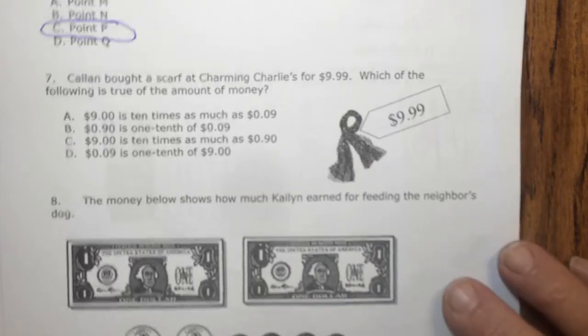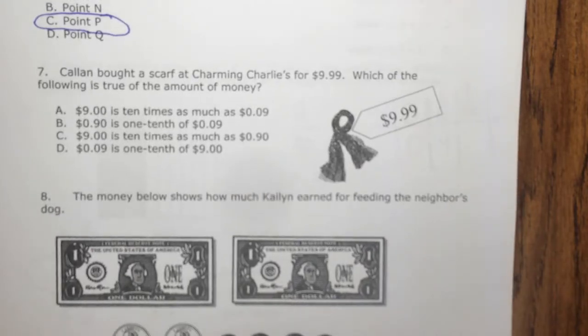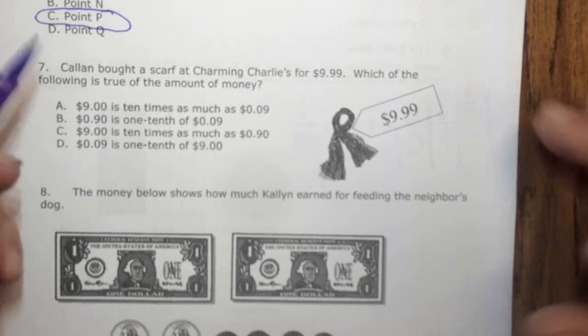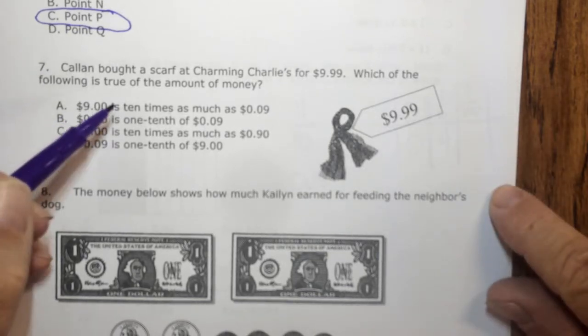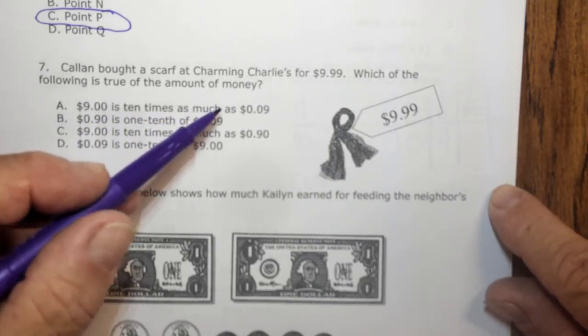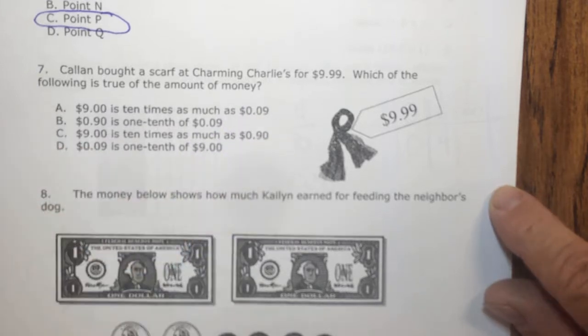Number 7. Callan bought a scarf at Charming Charlie's for $9.99. Which of the following is true of the amount of money? Now remember to turn it into numbers equations. $9 is 10 times as much as 9 cents.